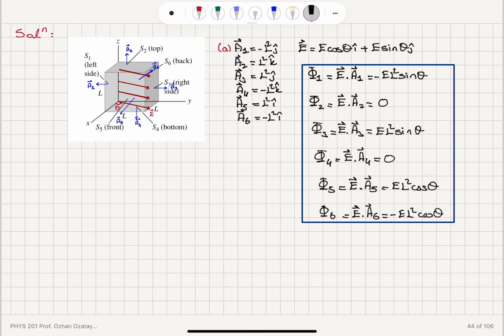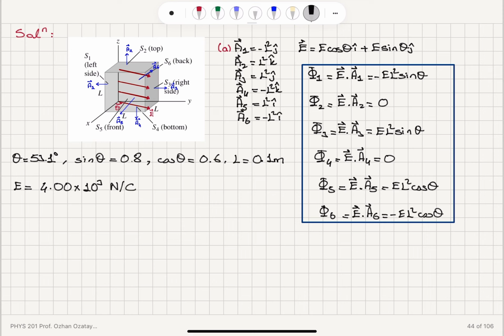Now, if I substitute numbers here, theta is equal to 53.1 degrees. So sine theta is 0.8, cosine theta is 0.6, L is 10 centimeters, 0.1 meters. The electric field magnitude is 4.00 times 10 to the 3 newtons per coulomb.